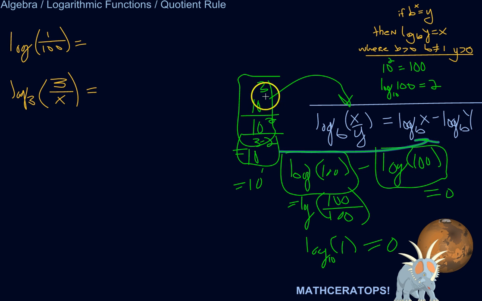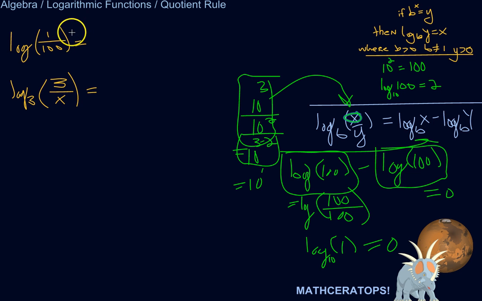It's very related to the quotient rule for powers, right? So powers and logs are inverse functions of each other. All right. Hopefully that helps. That's the background. Feel free to ignore all that and just memorize log of some base of some quotient. You can split it up so it's the log of the top minus the log of the bottom, right?